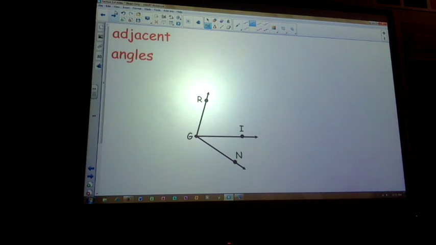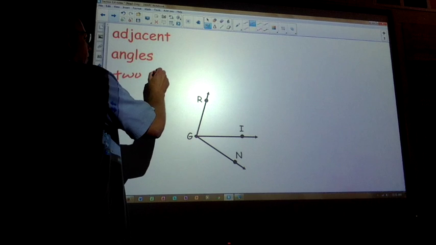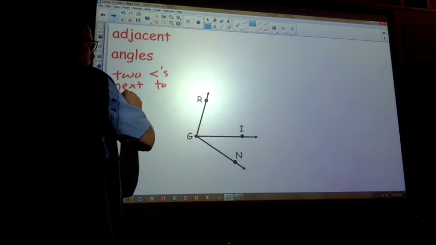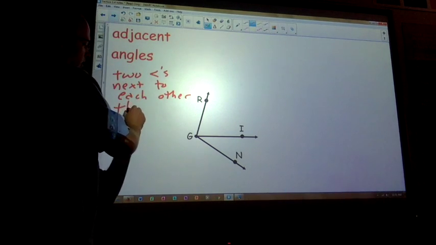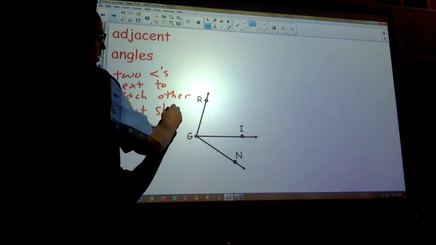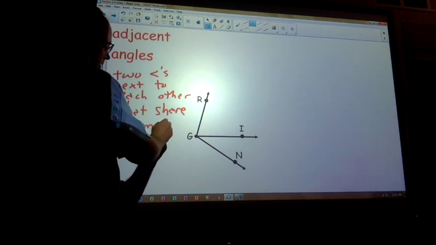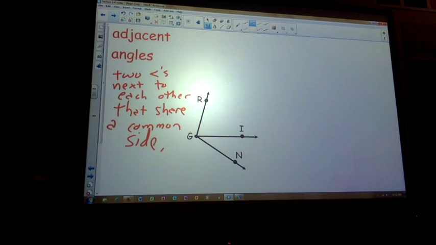Adjacent angles. Two angles that are next to each other. Two angles next to each other that share a common side. What's the common side of the diagram?